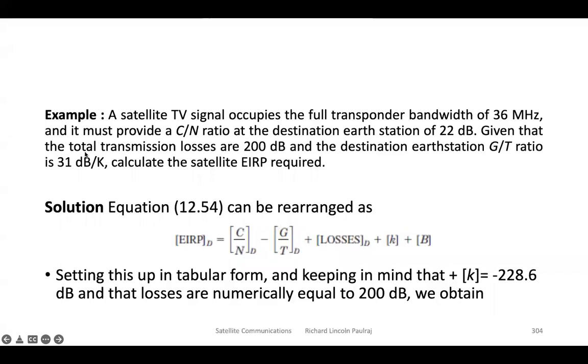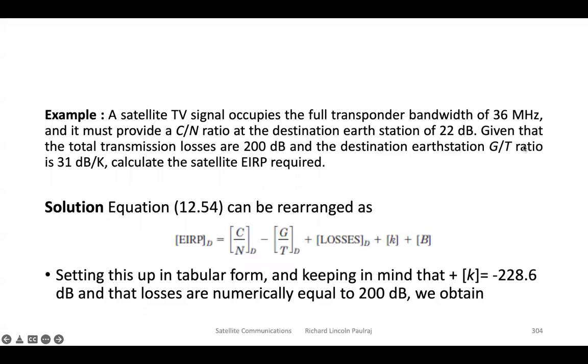Given that the total transmission losses are 200, it's very simple. It just says total transmission loss, so you don't have to worry about antenna misalignment loss, receiver feeder loss, or atmospheric absorption loss. On the whole, a figure is given, and you can just use that figure, which is about 200 dB.